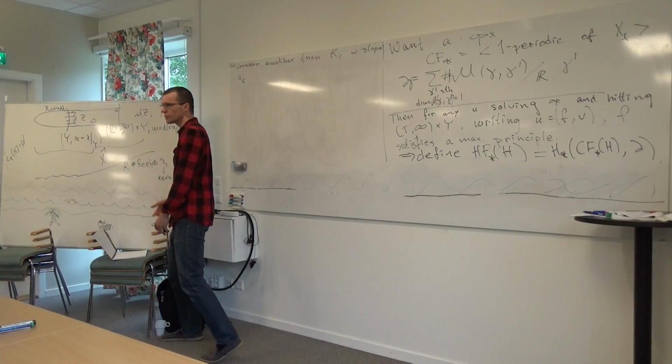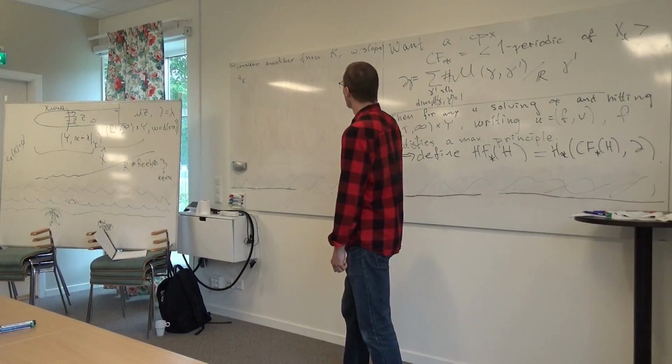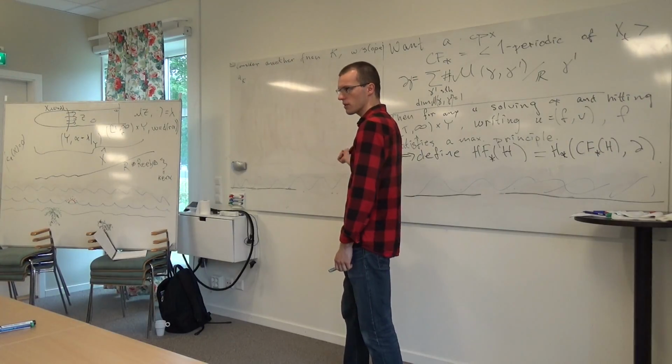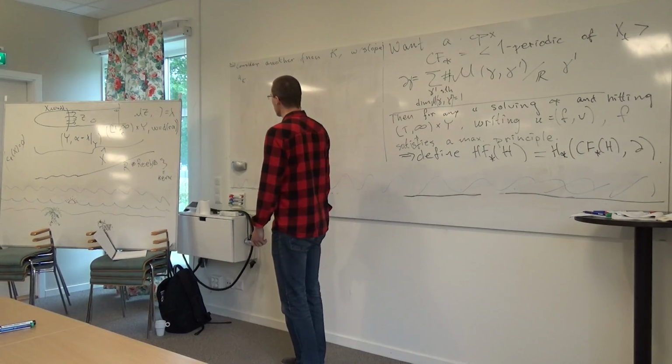If we decrease the slope, I don't think you can get it. So what is K? Another function. So instead of H, I have another K. Ah, H tilde. Okay.